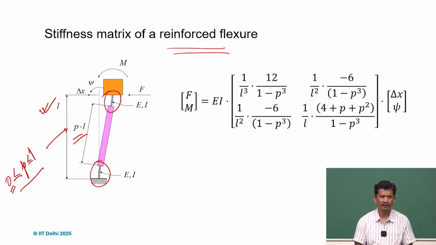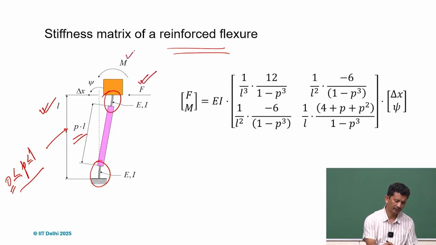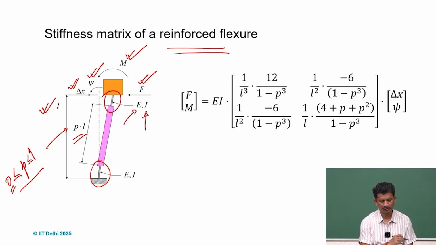If we do that and apply a force F and moment M, we'll have deflections delta x and psi. And these are the material properties, and you have the geometry, the section values, the area moment I. In the case of a cantilever or any beam, we have already seen and derived this.